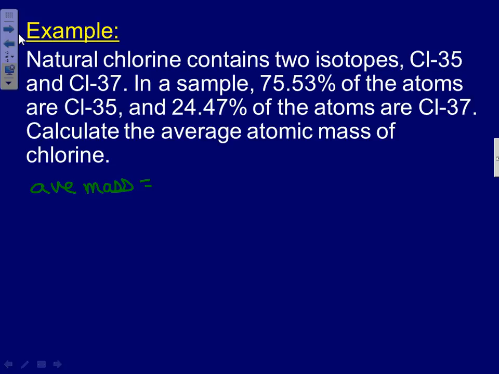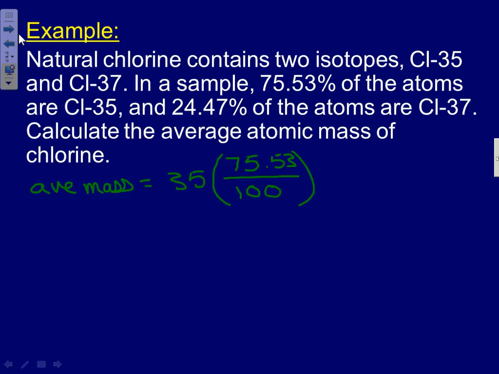Chlorine, no, it's not. It's 35U. The mass of 35 then needs to be multiplied by its percentage, 75.53 divided by 100 to turn it into a decimal. That tells us the chunk of the mass that's due to the 35s.